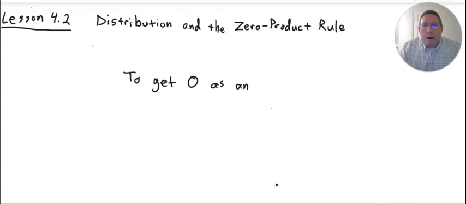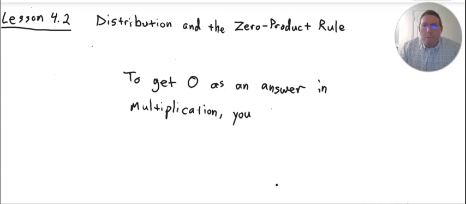To get 0 as an answer in multiplication, that means a product, you must multiply by 0.